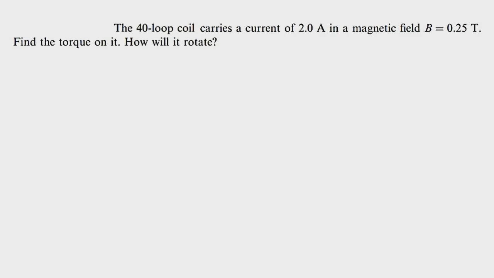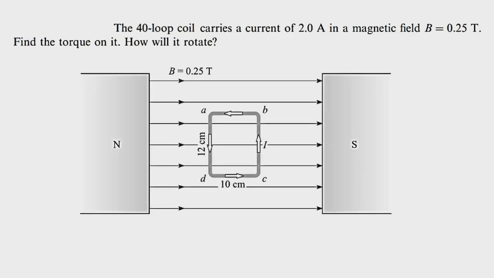Now, a 40-loop coil carries a current of 2.0 amperes in a magnetic field B equal to 0.25 Tesla. What will be the torque and how will it rotate?